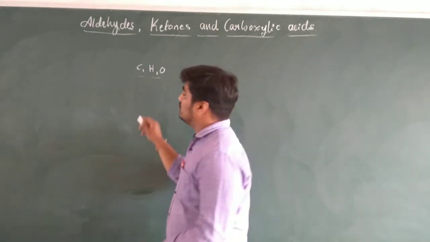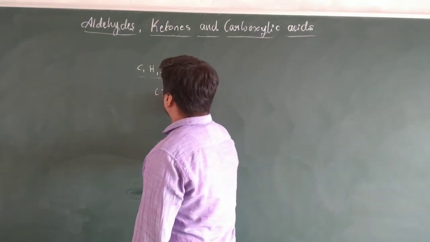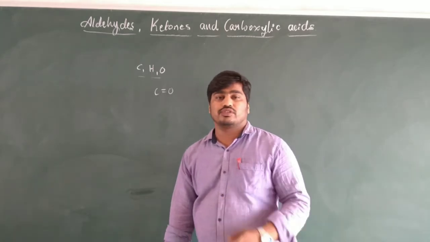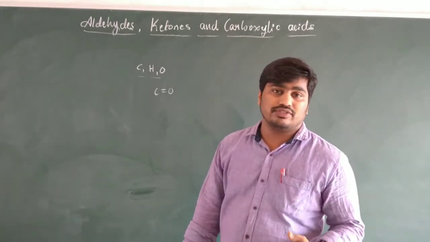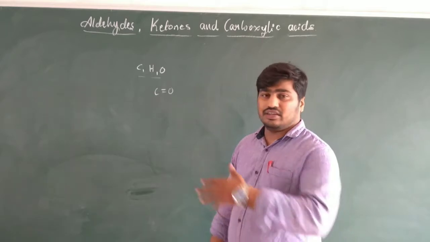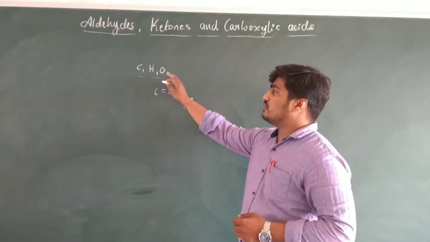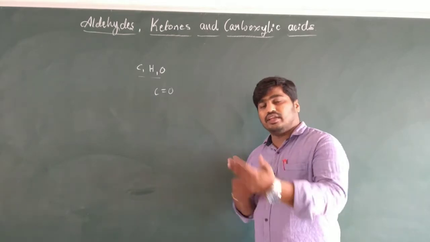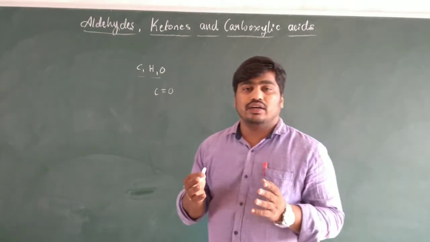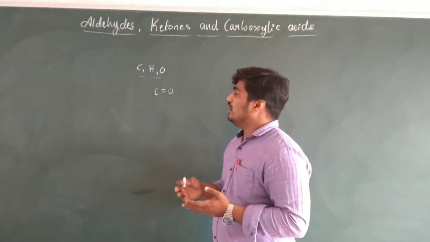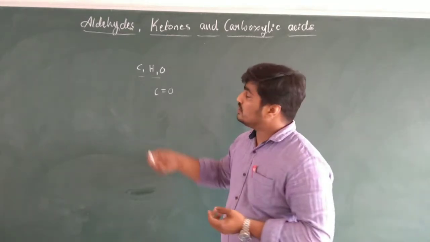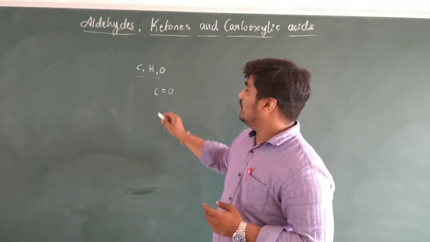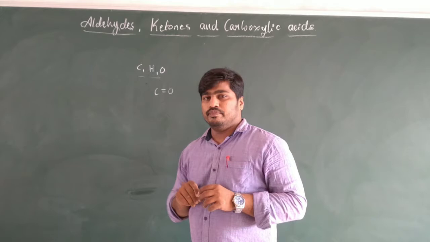The major difference is that here we observe a carbon-oxygen double bond, whereas in alcohol and phenol it is a carbon-oxygen single bond. Both topics are the study of compounds containing carbon, hydrogen and oxygen.